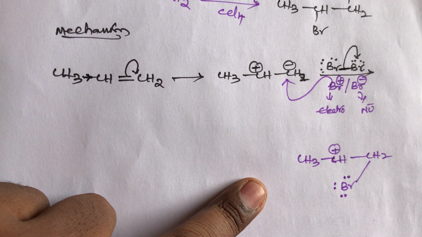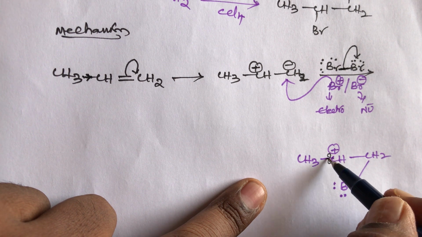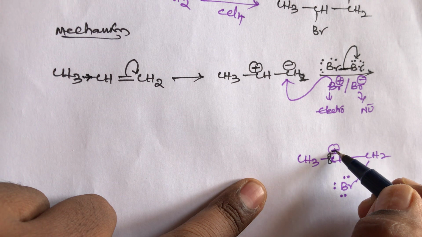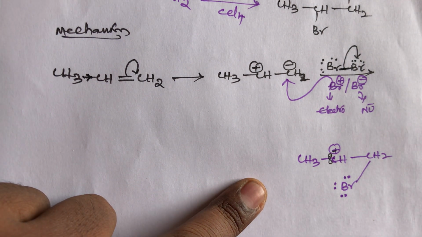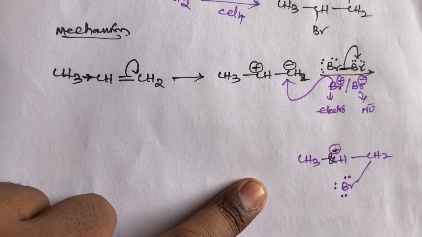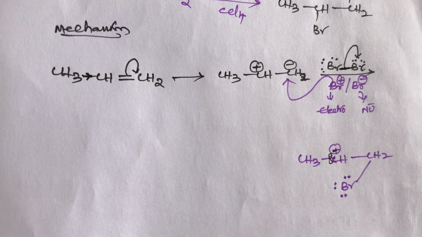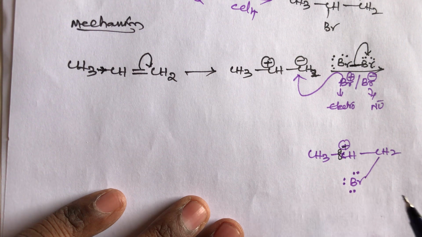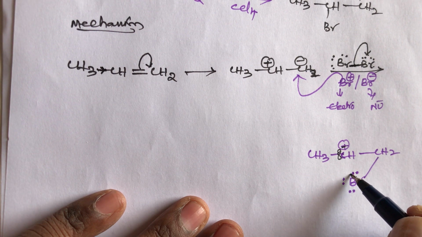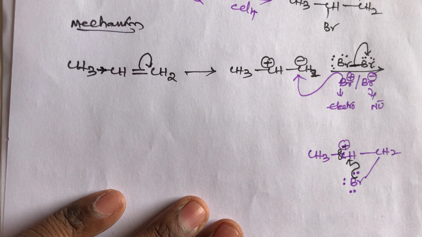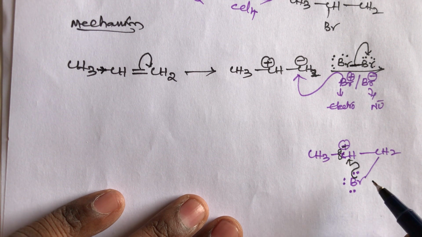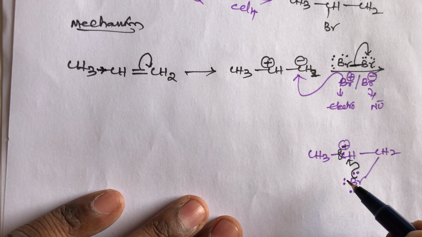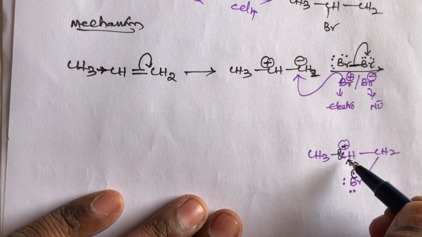This positive charge always attracts an electron pair, so this bromine, having 3 lone pairs, donates one electron pair to this CH plus.